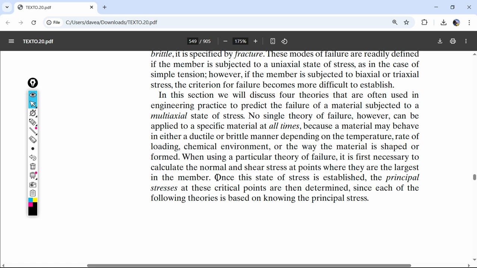Once this state of stress is established, the principal stresses, so any rotation. So you might have a little element. You could have put the sensors on at a 30-degree angle, and maybe you find the strains. The strains relate to the stresses, and now you have the stresses that are doing something like this and this, and maybe you got some shear.